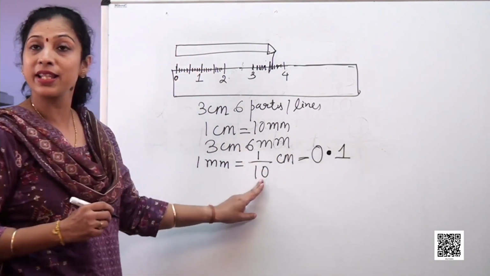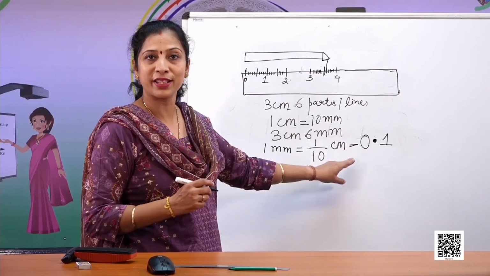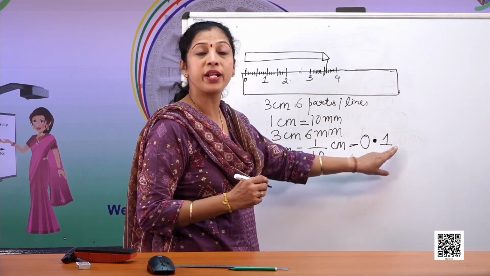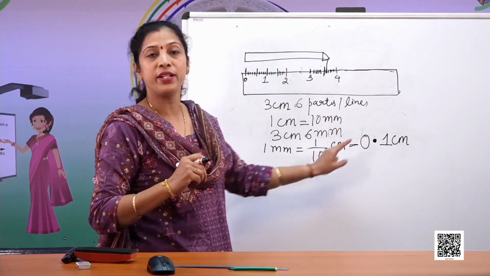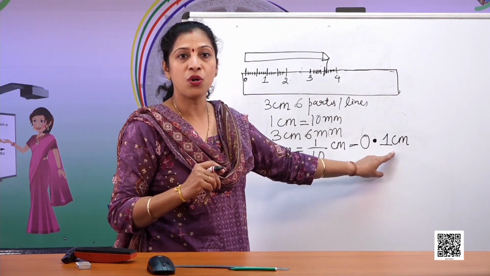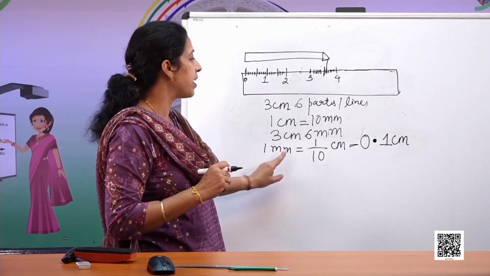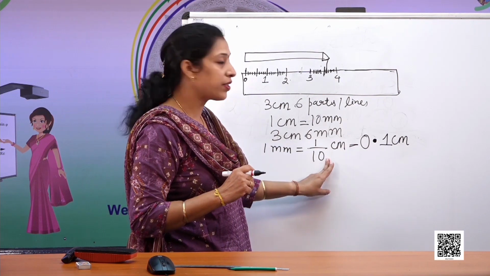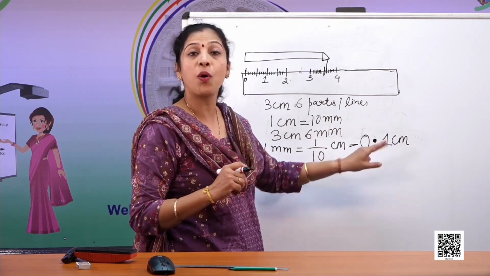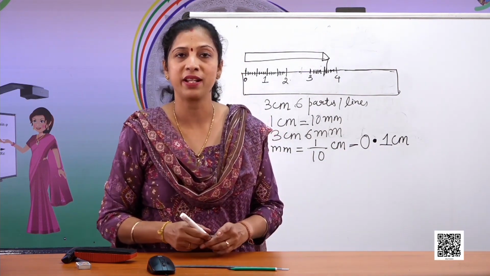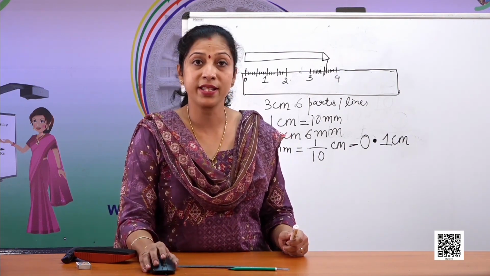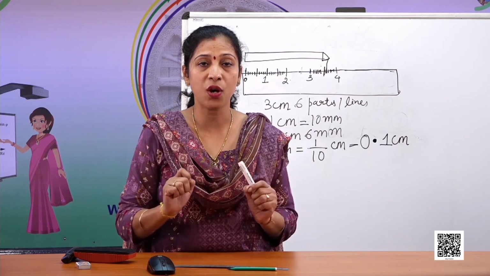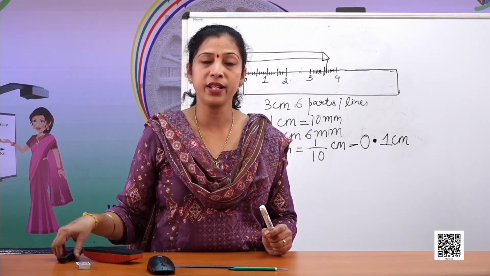So 1/10 of the centimeter is nothing but 0.1 centimeter. So 1 millimeter is equal to 1/10 of the centimeter or 0.1 centimeter. Now you understood what this tenth and this millimeter are all about. So let's go to the next one.